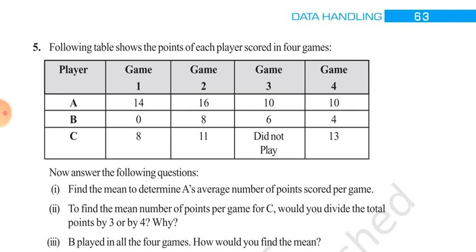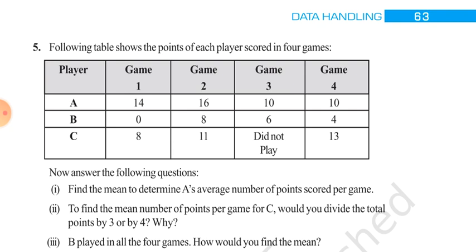In the first part, you have to find the mean to determine A's average number of points scored per game. It means, students, for the first part you have to find the mean of player A. The observations of player A are 14, 16, 10, 10.